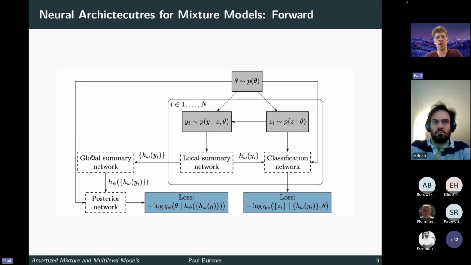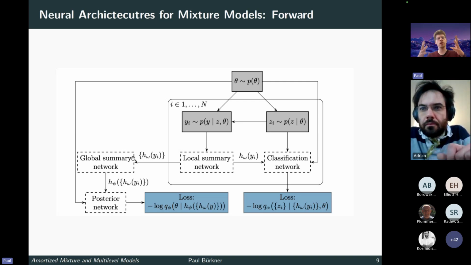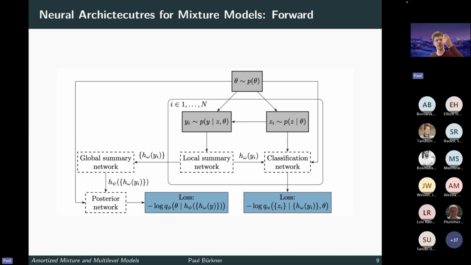First of all, we are also training a global summary network, which takes all the local summary network results together. So the local summary network gives us a summary for each individual Yi, and the global summary network takes together all of these summaries of all the observational units Yi and makes a big summary out of this. So we have this factorization already present in the summary networks.